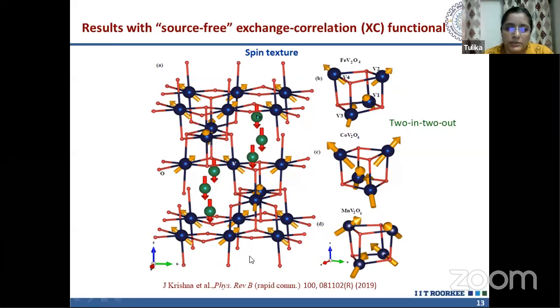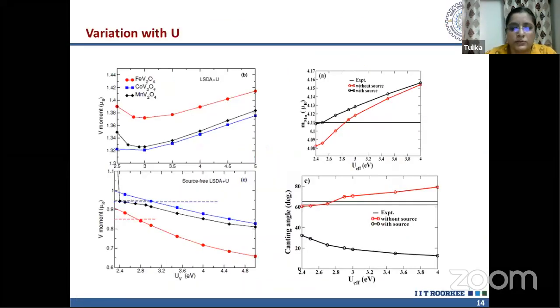So this actually gives a very good description within the DFT framework of the non-collinear magnetic order of the spinel vanadates. Before going to the orbital order, I would like to discuss a few interesting observations that we made.